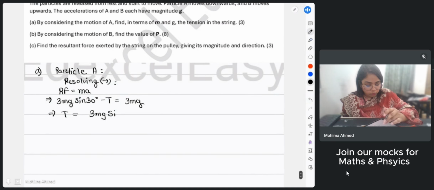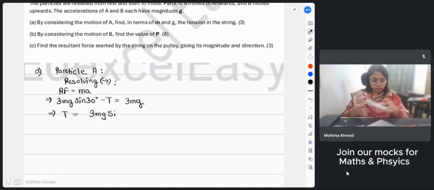So 3 mg sine 30 minus tension. Let's take this and this becomes negative. Sine 30 is half multiplied with 3 is 1.5. The value for your T comes negative over here.